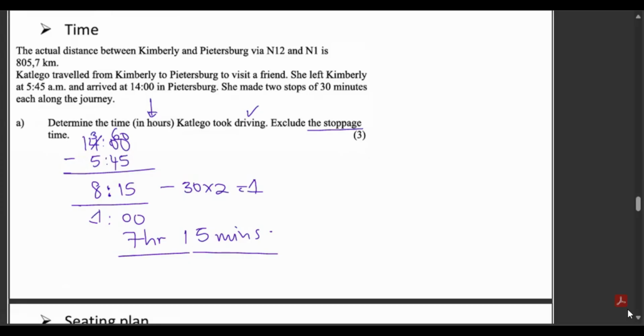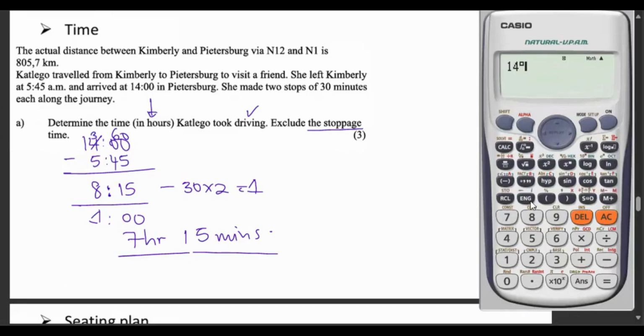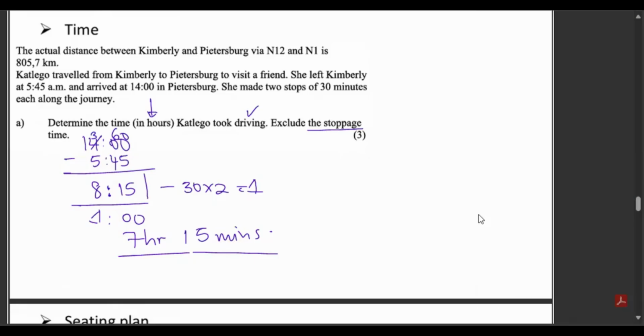You can also do it with the calculator as I showed you. We say 14, press the key, 00, press the key, minus 5, press the key, press equals. So you see, we have 8. This is the time that we have here.